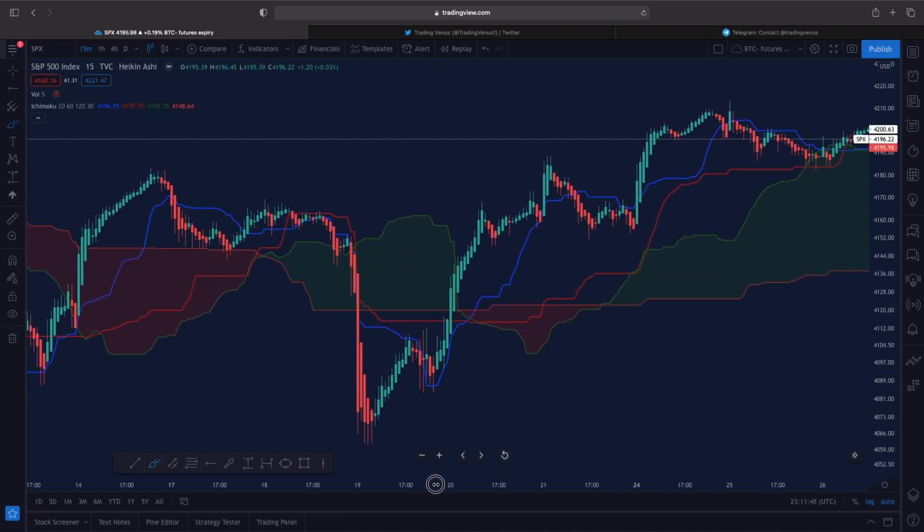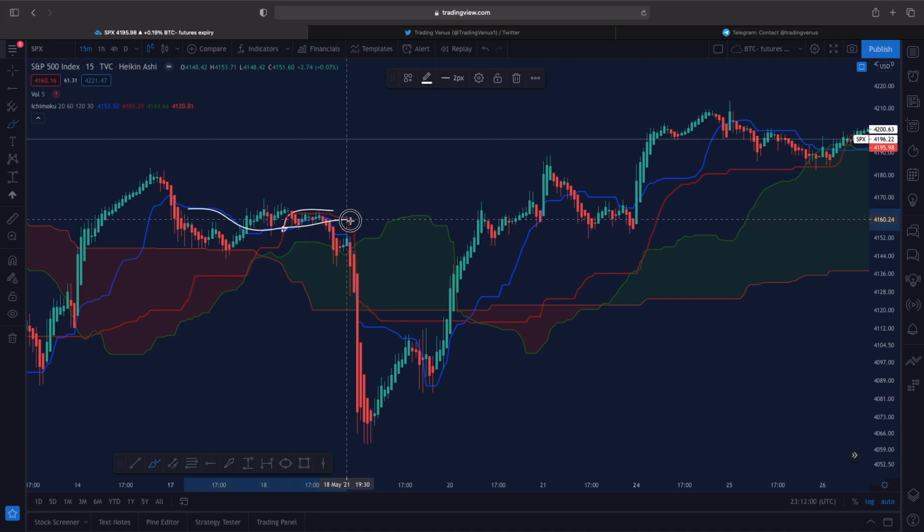So here was a crossover where the conversion line went below. The blue line is the conversion line and the red line is the baseline. And we know when the conversion line goes below the baseline, there is a chance of reversal.